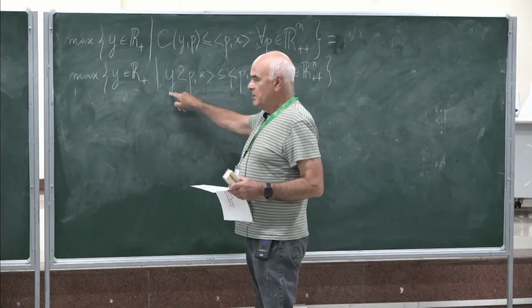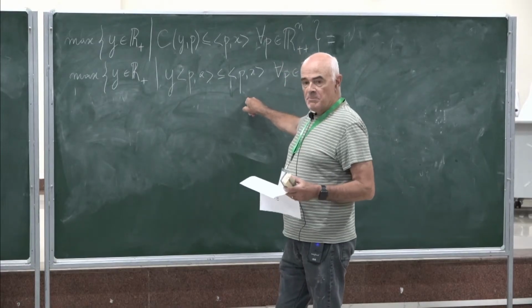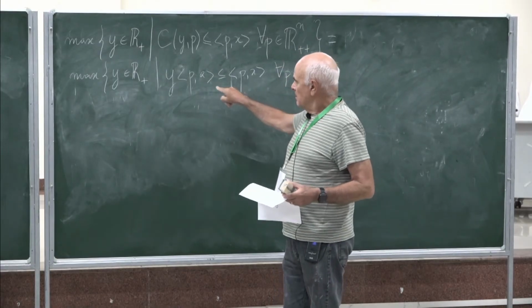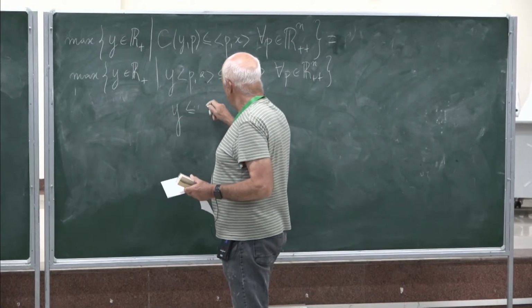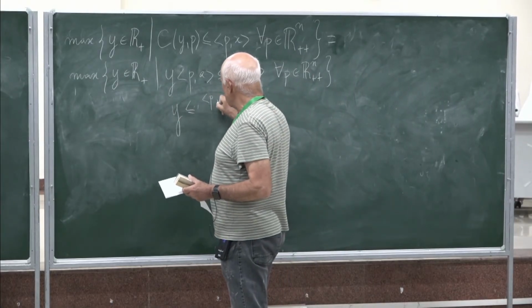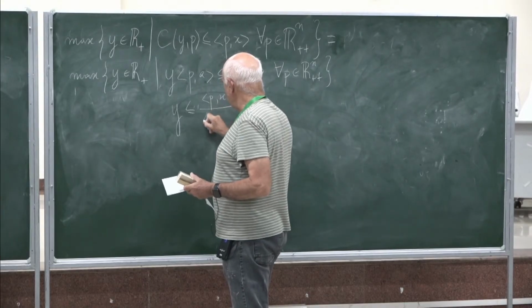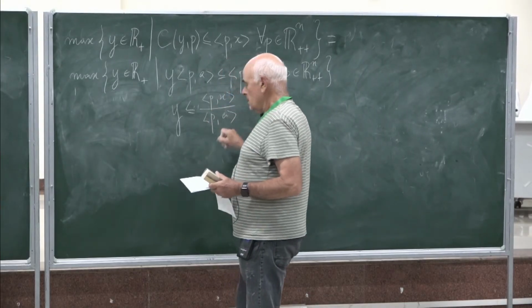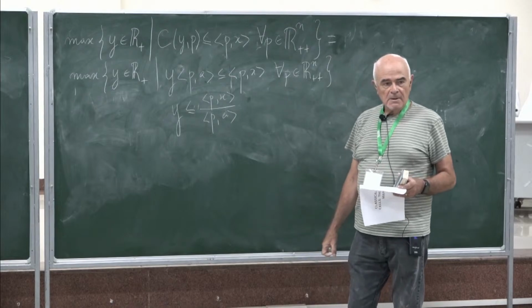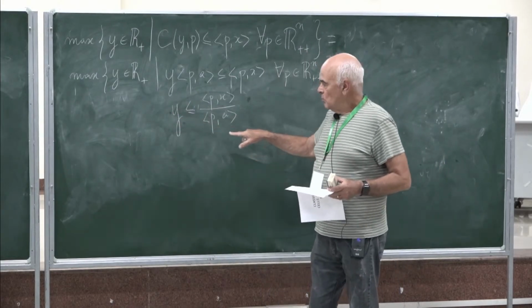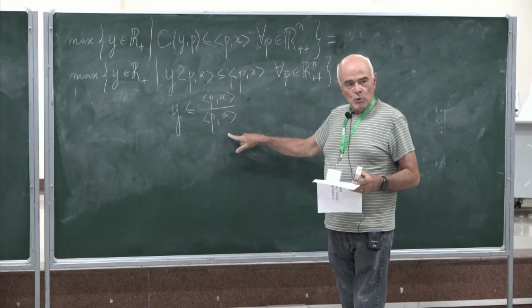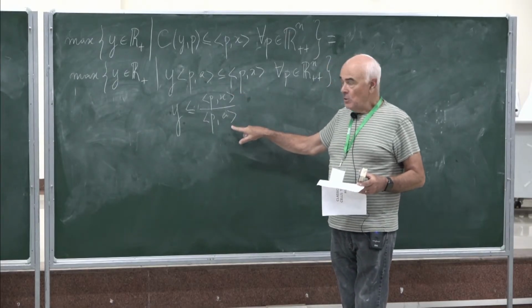So let's solve this maximization problem. Well, pi is strictly positive, so this condition means y less than or equal to px divided by pa. So I need to find the largest y, which is less than or equal to this expression for every p.